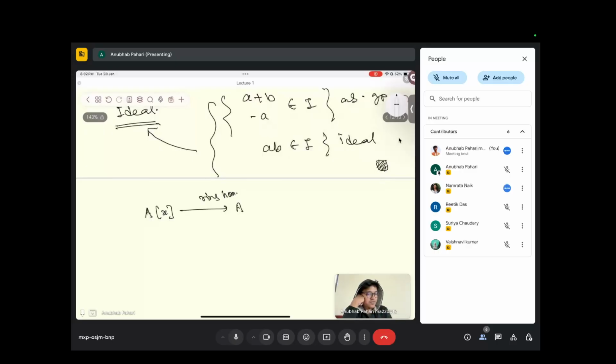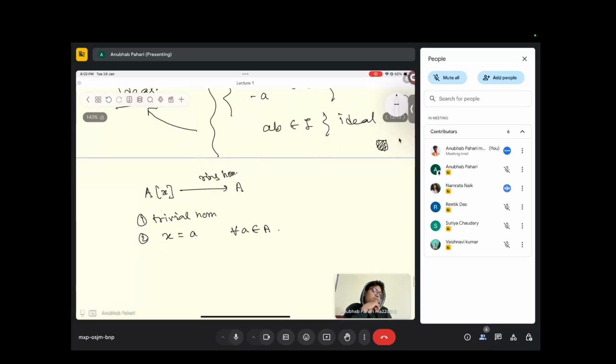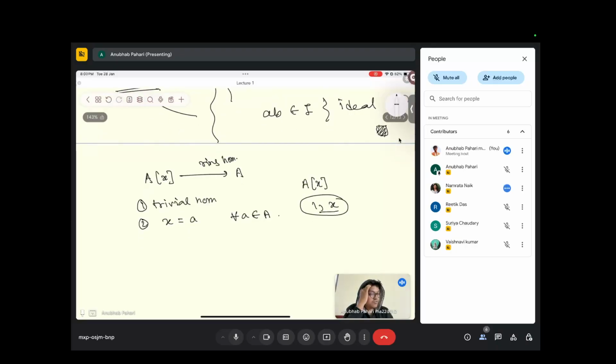So first of all, you would have the trivial homomorphism, and X goes to a for all a belonging to A. And I think, yeah, because the ring A[X] is generated by 1 and X, it is enough to take care of only these two.